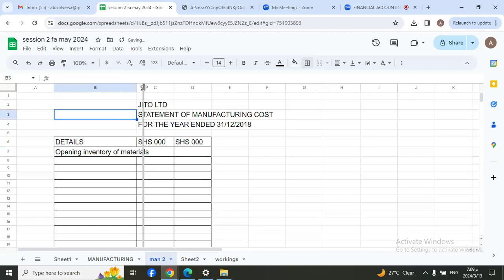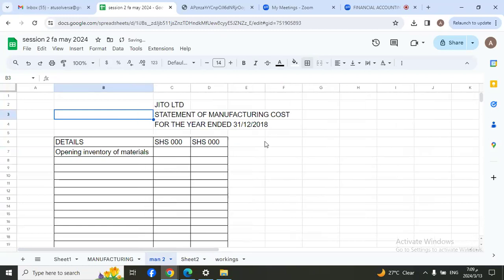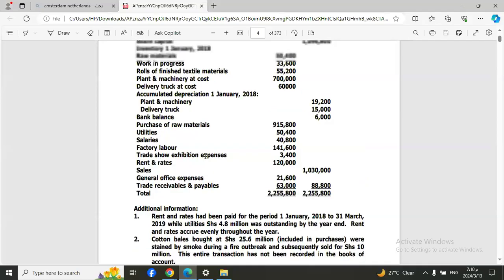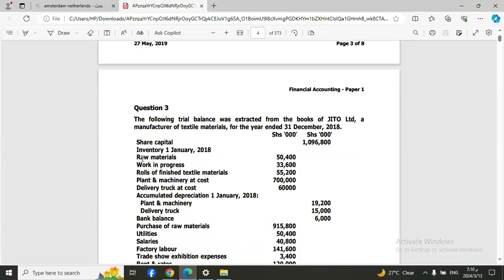So you see, I've not yet read the question, but I exactly know what my question needs. I come to my question here, I look for my opening inventory, and I can now read the question.